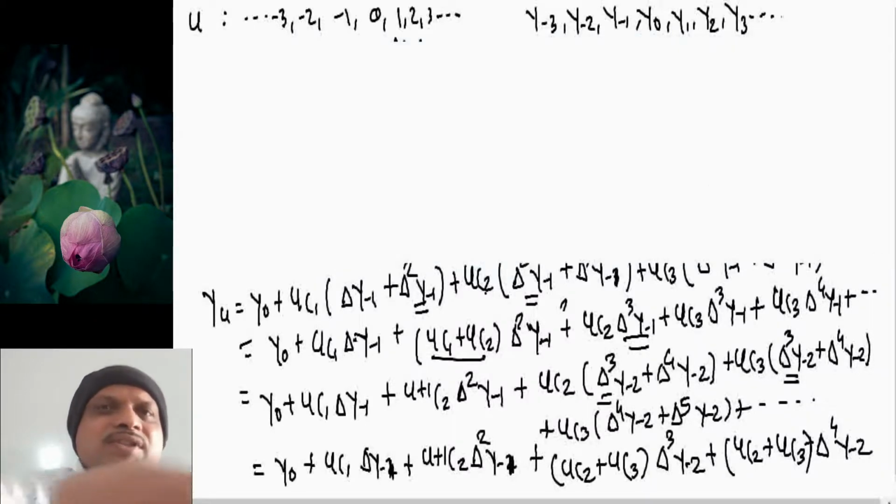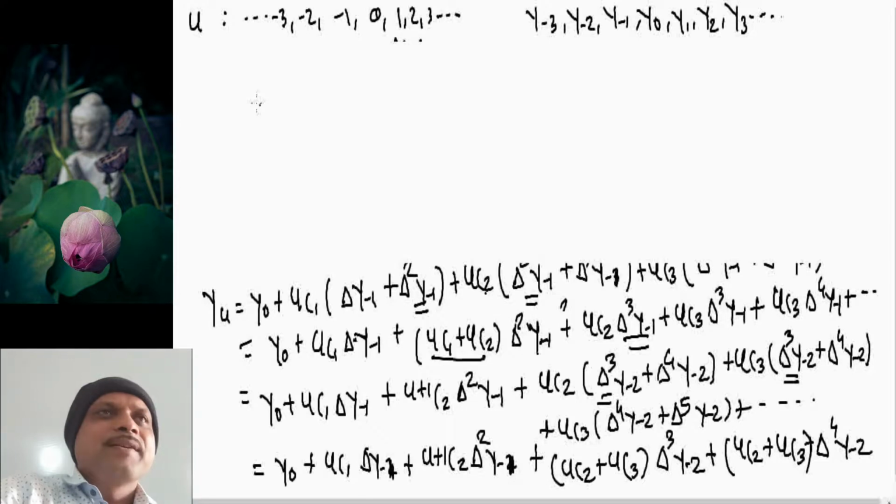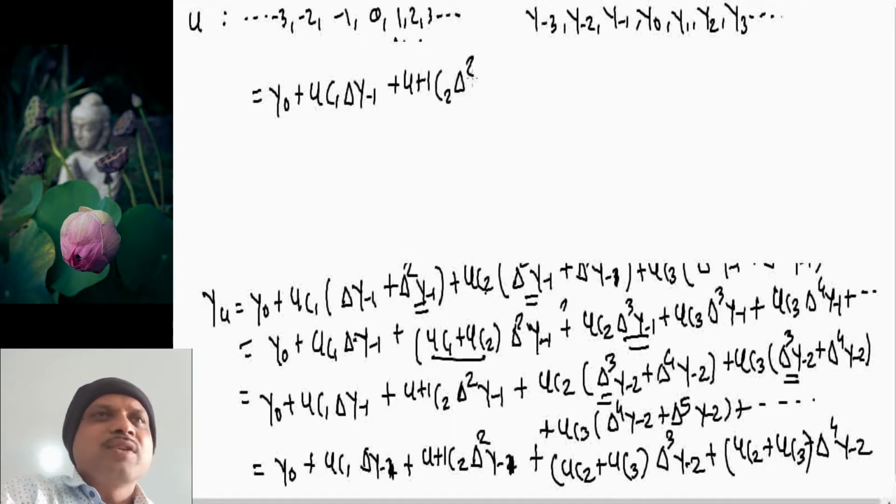Then we see that this value equals y0 plus uC1 delta y at minus 1 plus (u+1)C2 delta square y at minus 1.